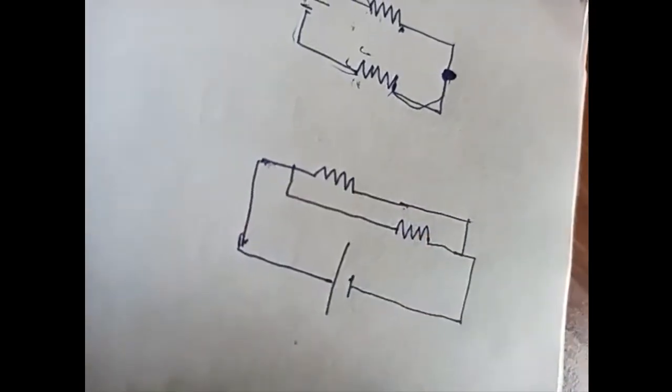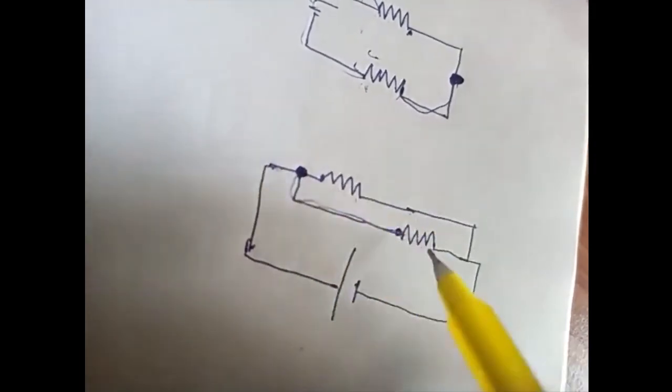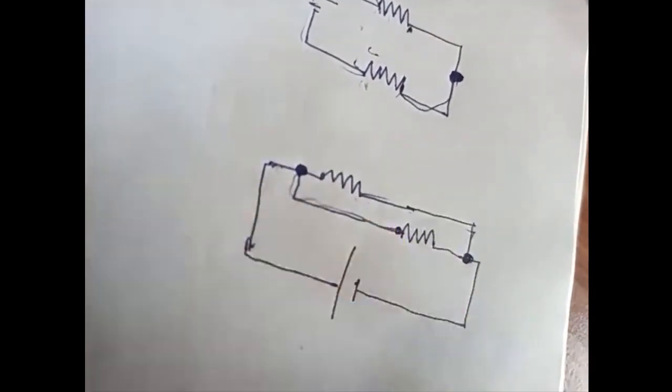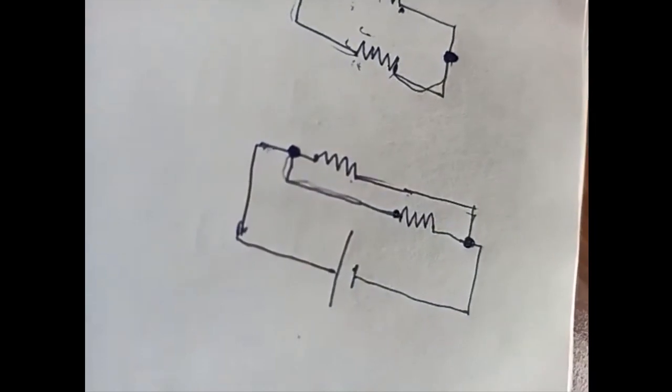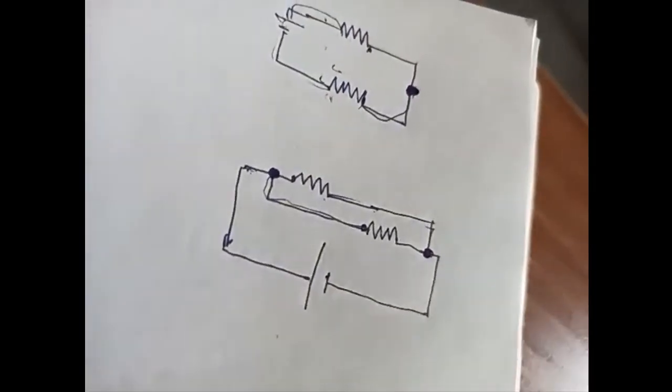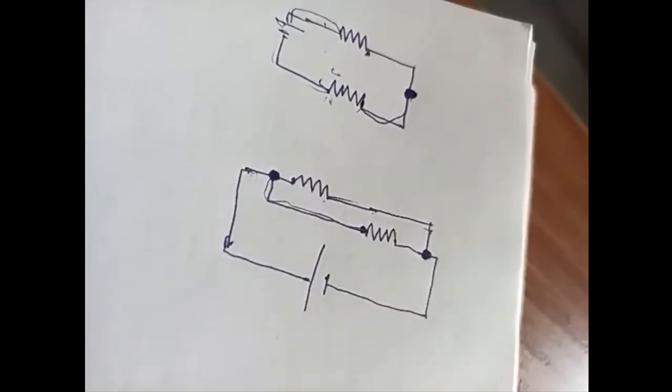Is this a parallel or series connection? This is a parallel connection because these two ends are connected to a common point here, and these two ends are connected to a common point here. So for the two resistors, or however many resistances, EMFs or capacitors there are, all the ends should be connected to a single point.